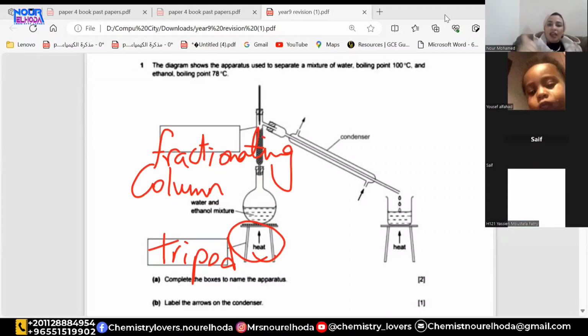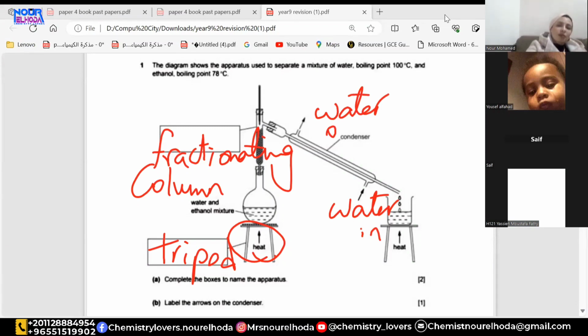If I ask you to label the arrow, you will say here water in, and here water out. All the time I put water in from here, water out from here. Don't switch. We said the water is supposed to be pushed from the bottom, not from the top. So water in here, water out here. Right, let's continue.